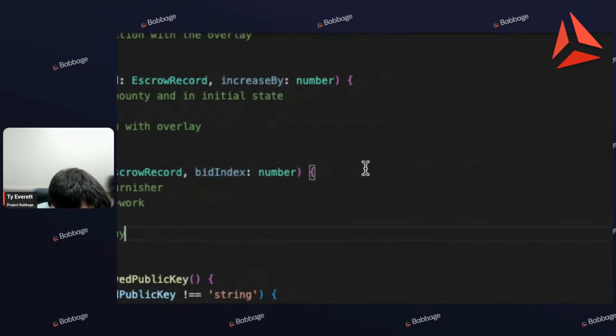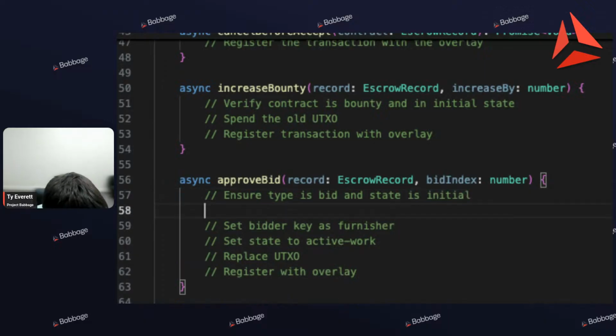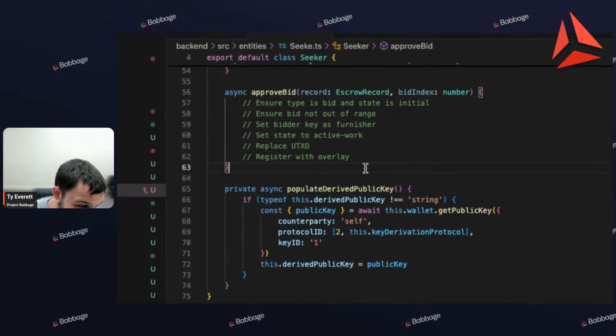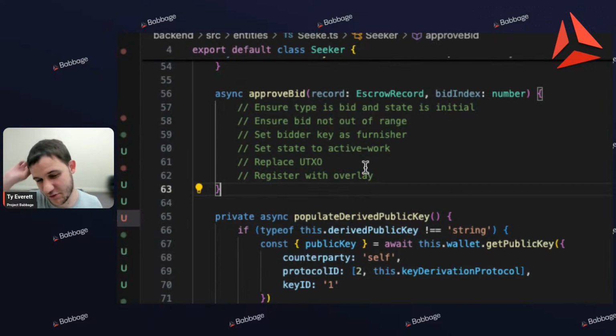Got to make sure also got to make sure that the bid refers to an actual bid. So that's how we're going to code that up, right? To approve a bid, that's what happens.